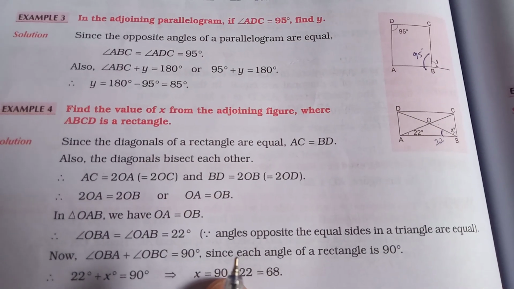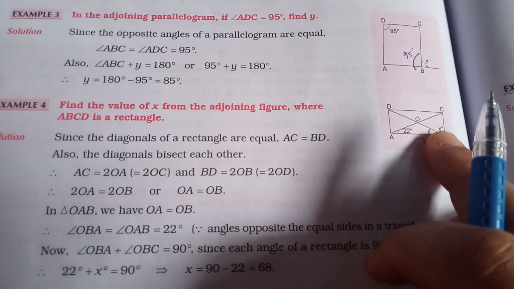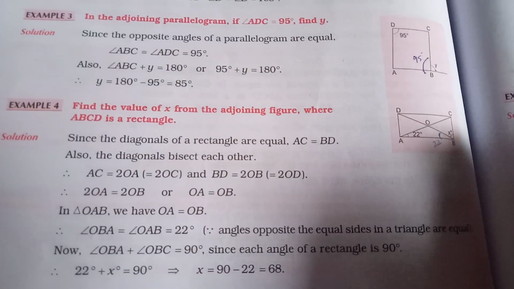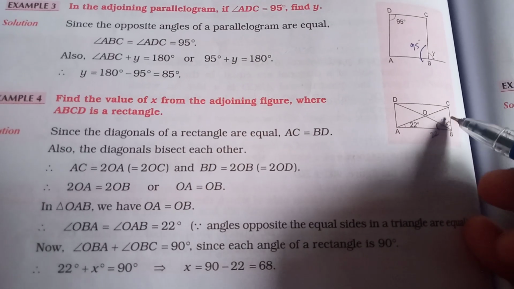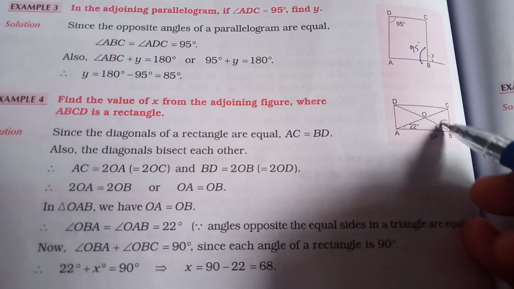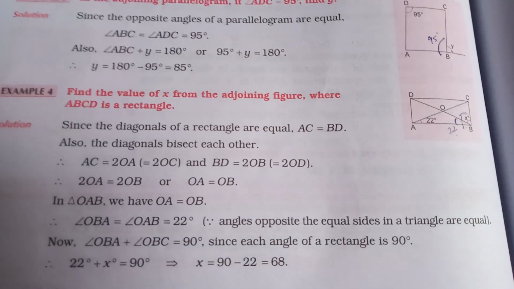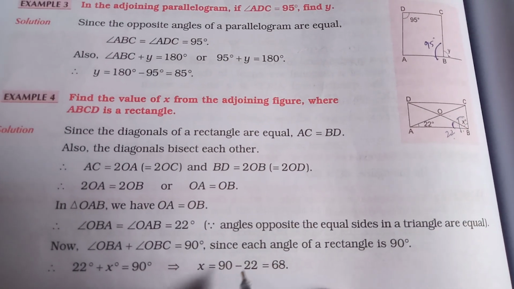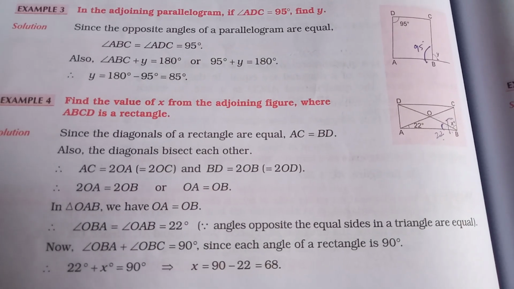Now we have to find the value of x. X is here. And we also know that every angle of a rectangle is 90 degrees. So this angle is 90, so 22 plus x is equal to 90. So x is equal to 90 minus 22, that is 68 degrees.